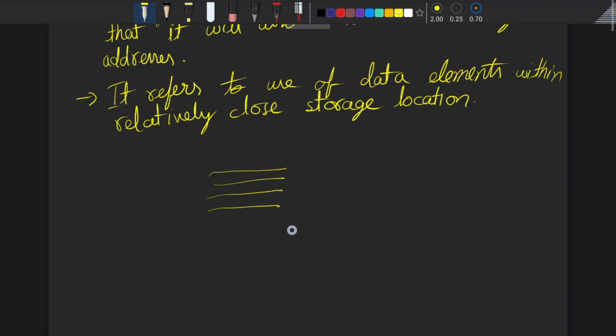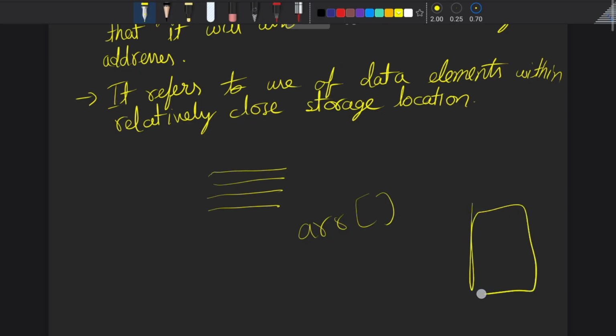As you know, arrays are contiguous memory locations. So if we are using an array in our program, then when we access one value of the array, we will obviously access other values of the array, which will be contiguous memory locations.